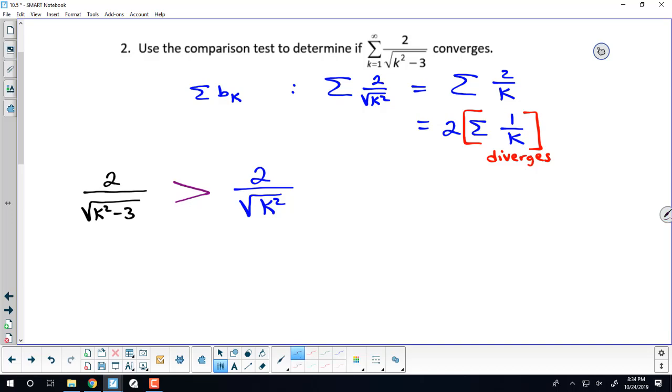If you're not sure, just start off with k squared. We know k squared is equal to k squared, but k squared minus 3 is less than k squared. When we take the square root of this, it still holds. Then when we look at the reciprocal, we flip the inequality.